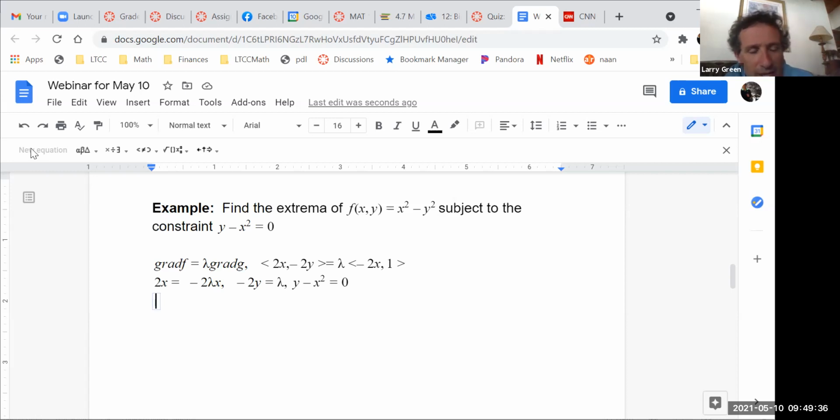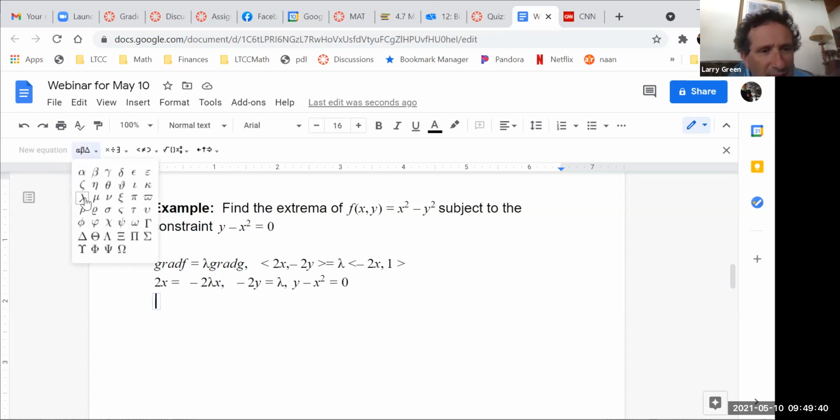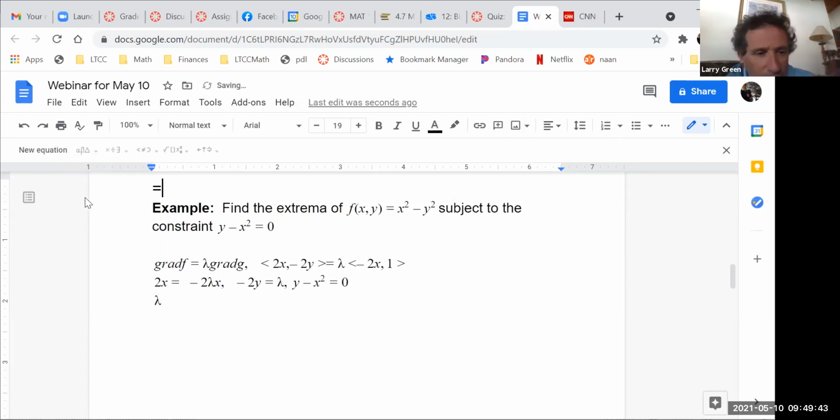One is lambda equals negative 1. But that's not it. What else could happen? I could say lambda's 10 and I'll still get a solution.